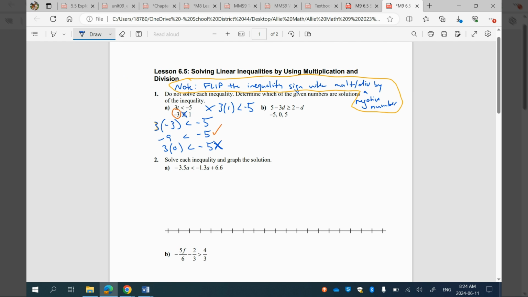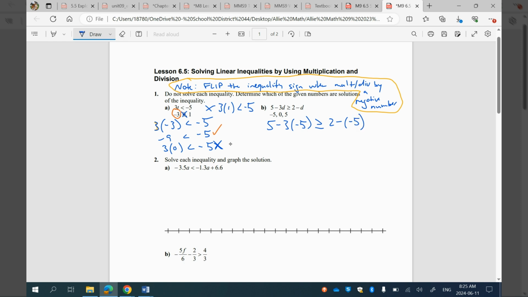Let's try the next one. We're just going to substitute again, and so you'll substitute into each side. So you can go negative 3 times negative 5. Is that greater than or equal to 2 subtract negative 5?